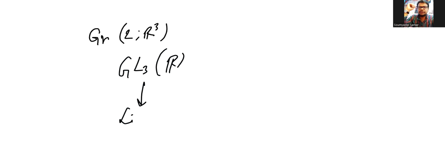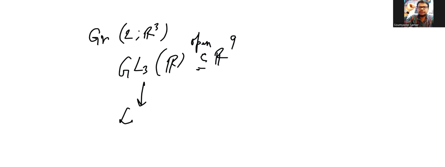It can be thought of as an open subset of R to the power n, where R to the power n has the standard Euclidean topology. So GL3R is an open subset of that.